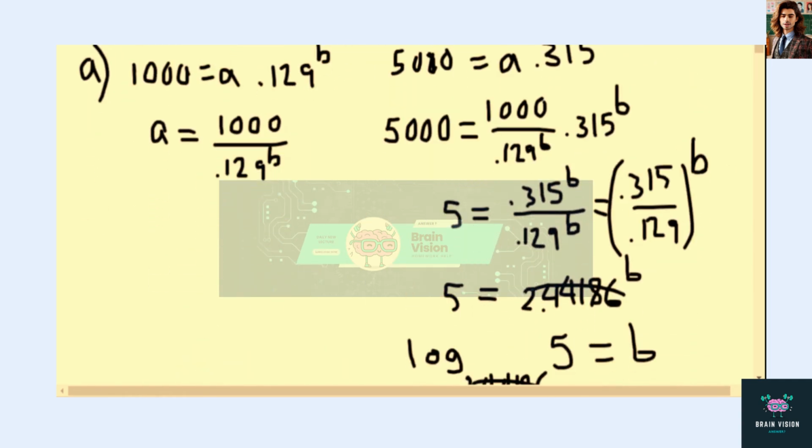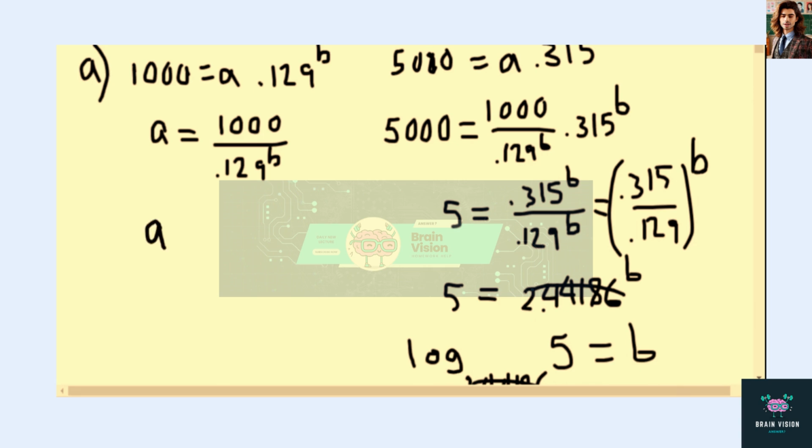Now we need to figure out what A is. So A is going to be 1,000 divided by 0.129 to the B power. I'm going to use an exact value for B there.